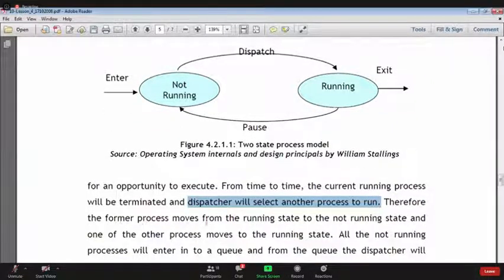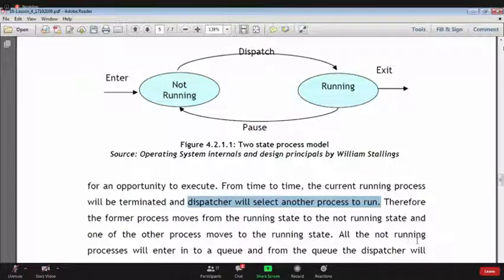Therefore, the former process moves from the running state to the not running state, and another process moves to the running state.